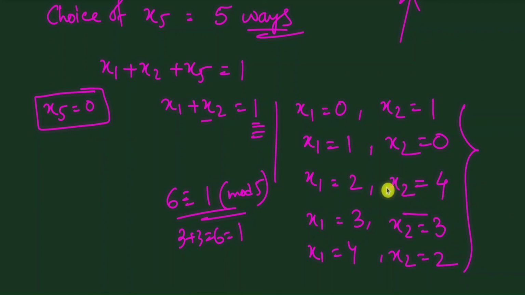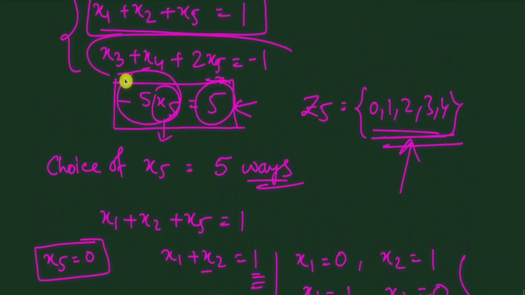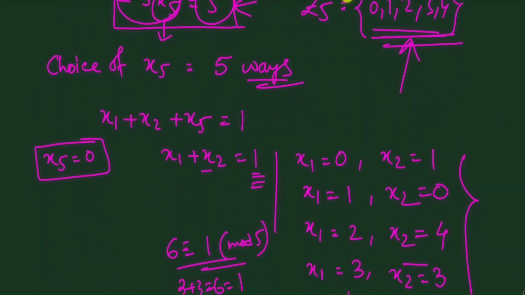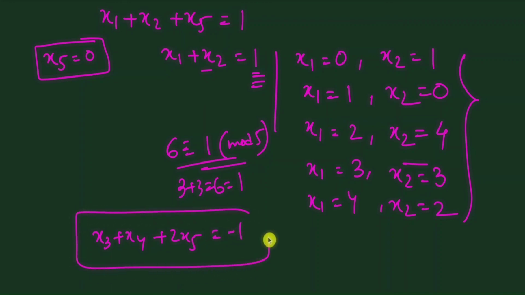For each choice of x5 we get 5 choices of x1 and x2. Similarly, from the equation x3 plus x4 plus 2x5 equal to minus 1, for each choice of x5 we get 5 choices of x3 and x4, and there is no dependency between x1, x2 and x3, x4.